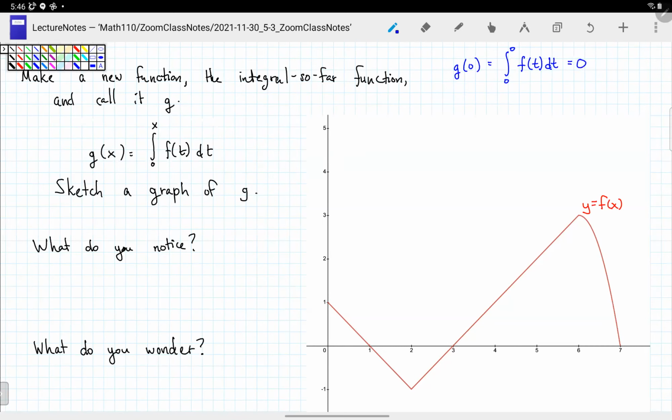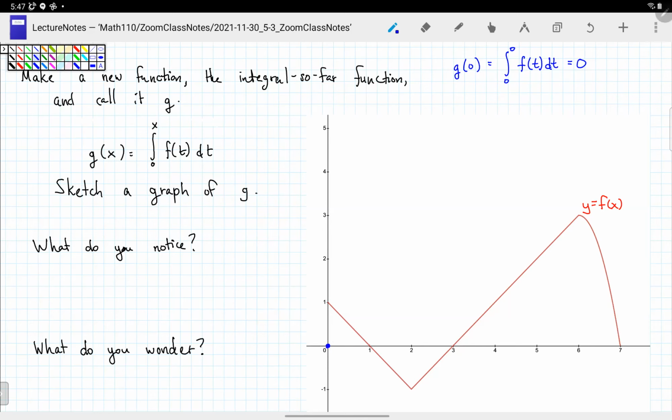You can think about this in terms of area, where there's no area under the curve, but you can also go back to the definition of the integral as the limit of the sum of little pieces that look like f of some x value times delta x. Delta x is always going to be 0, so every single term in that Riemann sum is going to be 0. Regardless, g of 0 is going to be 0. So I start with g of 0 equals 0.